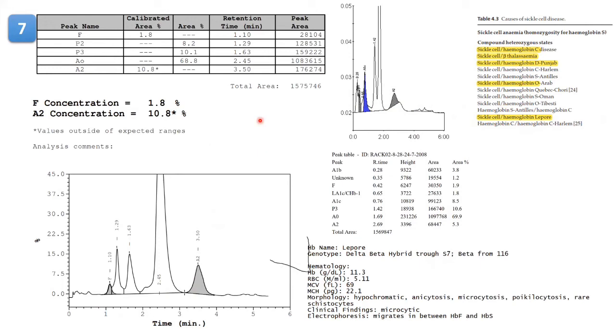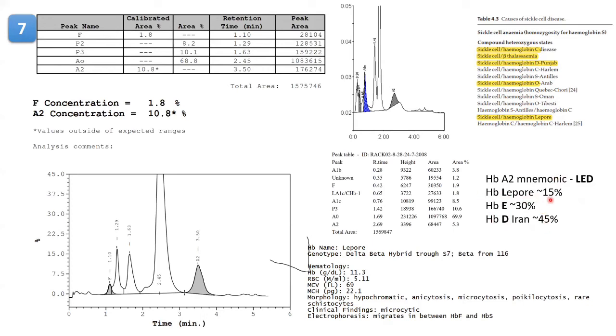coelutions of clinically significant hemoglobin variants in the A2 window is with this particular mnemonic. So the three relevant hemoglobin variants which coelute with hemoglobin A2 are hemoglobin Lepore, hemoglobin E, and hemoglobin D Iran. So in heterozygous states, their relative percentages are 15, 30, and 45.